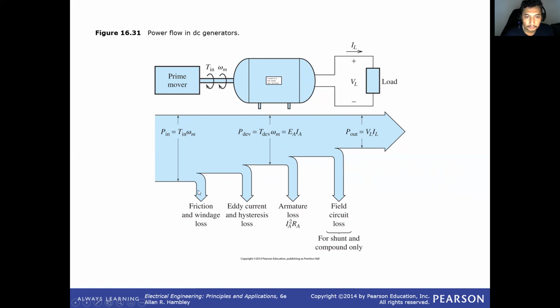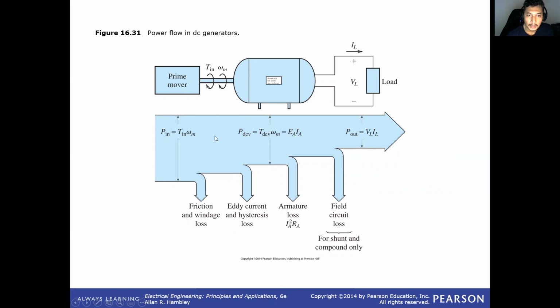Then we have some losses, friction and windage losses, which cannot be calculated in this class, and also eddy current and hysteresis losses. After we subtract these, we have the power developed by the generator, which you can calculate using EA multiplied by IA, and this is equal to torque developed multiplied by the speed.